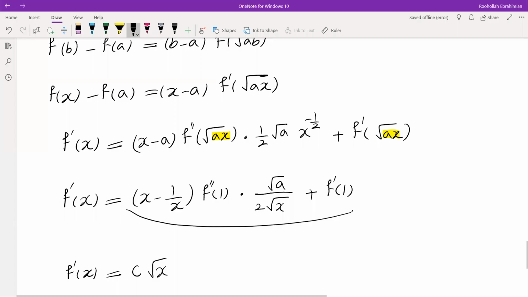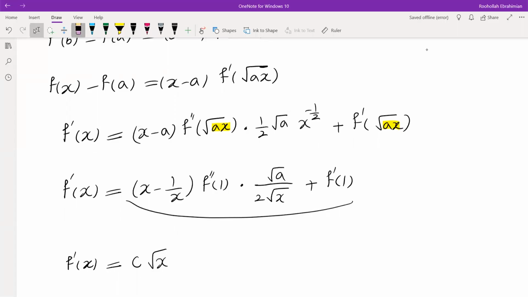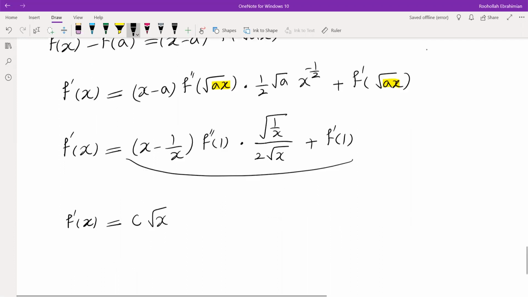Oh yeah, I didn't replace the a here by 1 over x. So that becomes that. And the next thing I'm going to do is just integrate that. So you'll just integrate this and then you're done.